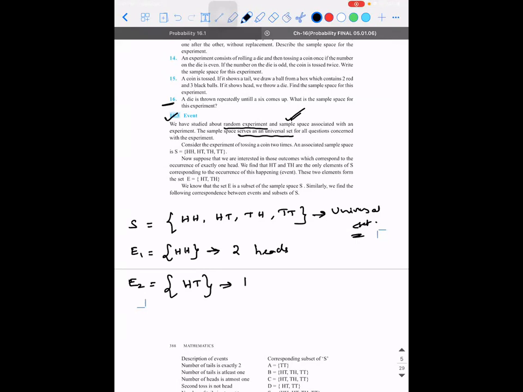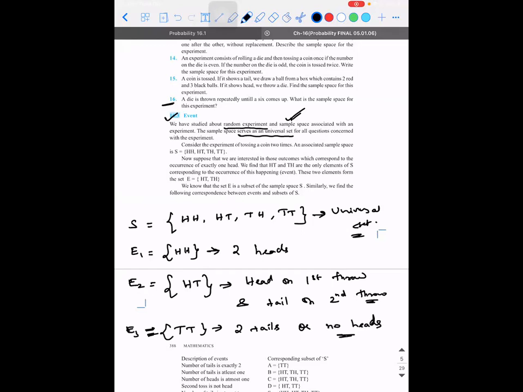This is an event with head on the first throw and tail on the second throw. Can I say it like this? Suppose I give E3 as T, T. You can call this either getting 2 tails or no heads. Both mean the same. Guys, are you able to understand?